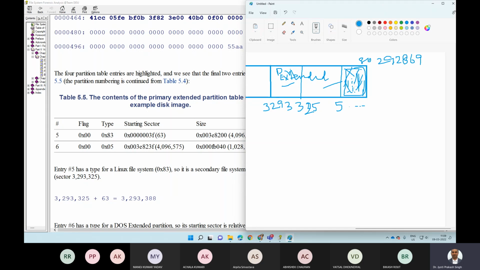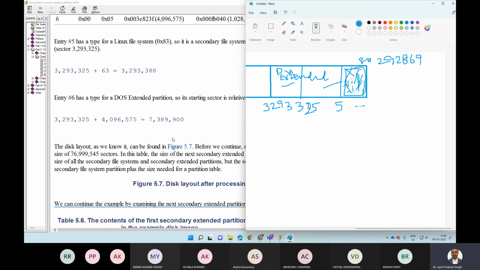If that's the scenario, that means we have some more information. So they have calculated it here: this is the last one plus 63. This Linux partition starts from here, and 63 is slack here, which they have kept.